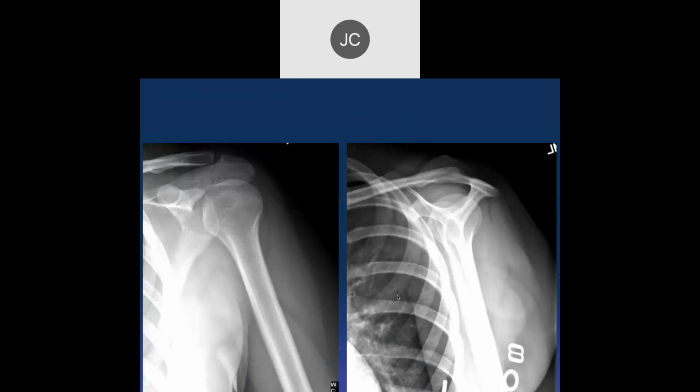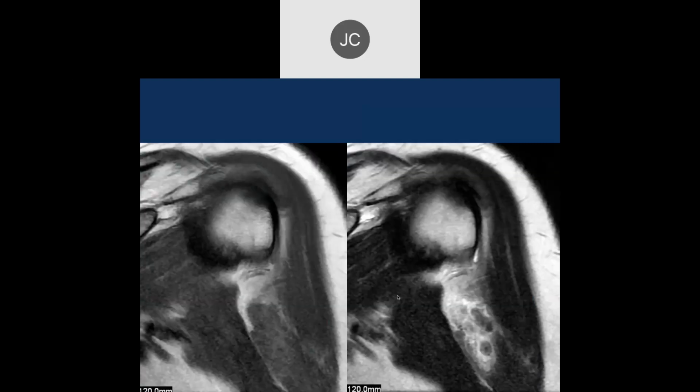Okay, radiographs. Okay, nothing's jumping out, but alrighty, let's go to the MR. All right, some irregularity with this muscle and along the distal humerus. Maybe it's probably the biceps.